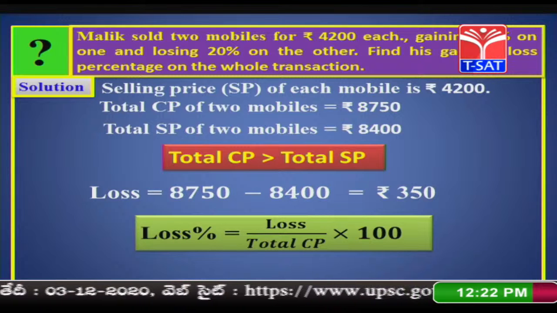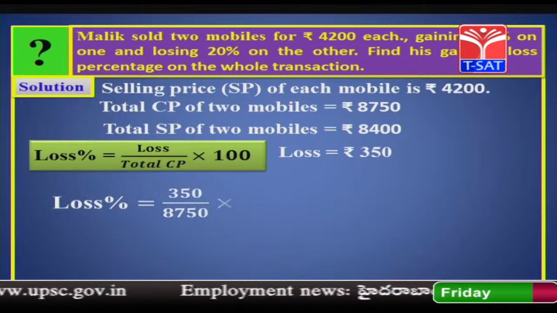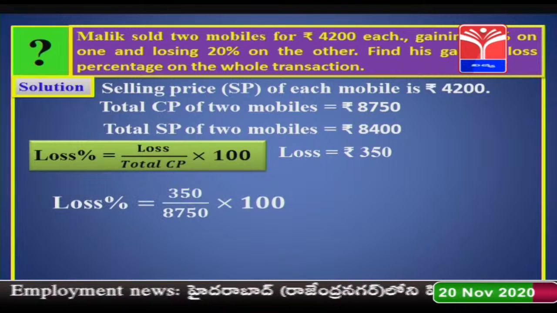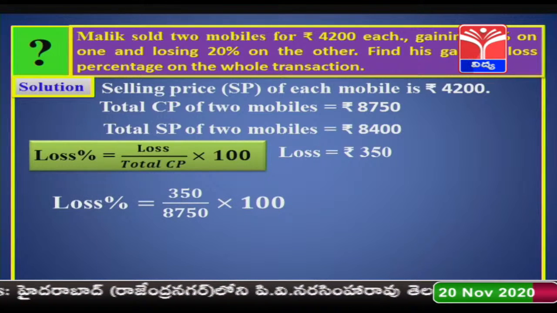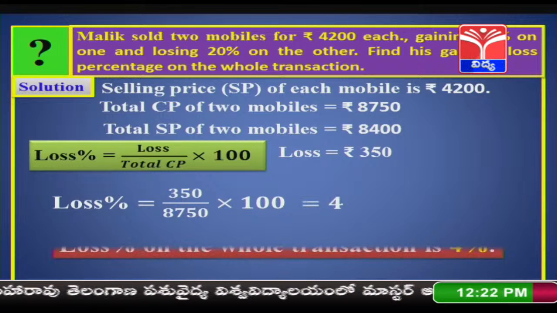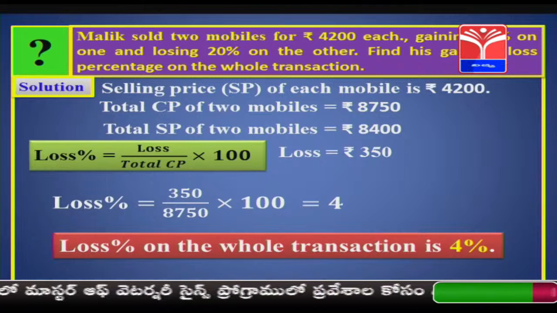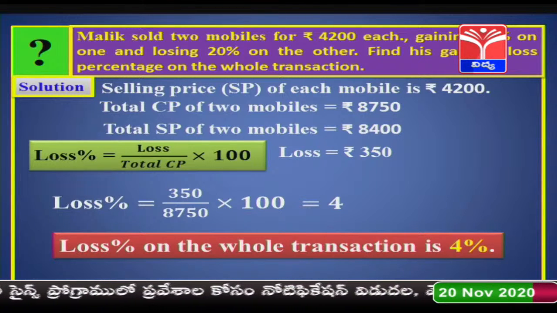So, here we take total CP, not just CP, total CP. So, on substituting the values, we get 350 by 8750 into 100. On simplification, we get it as 4. That means, Malik gets a loss of 4% on this whole transaction.